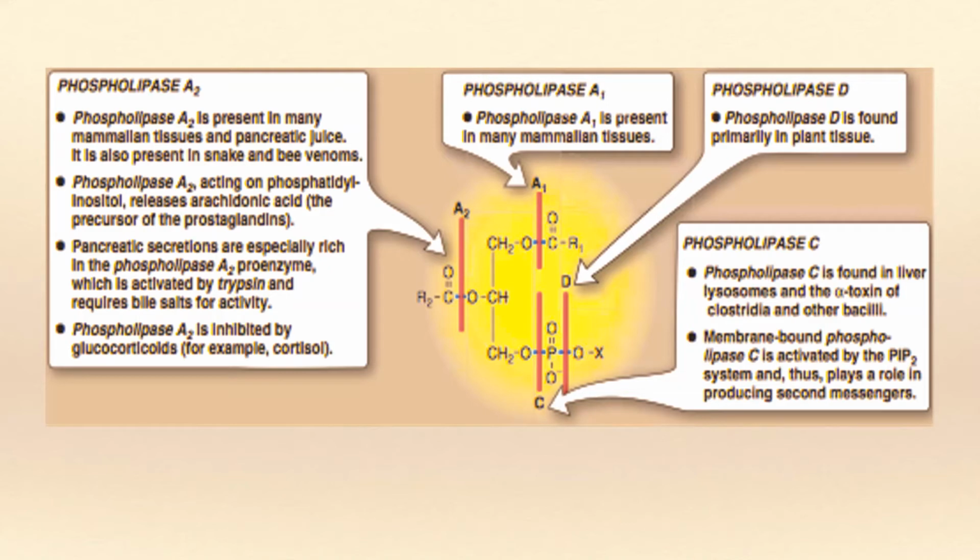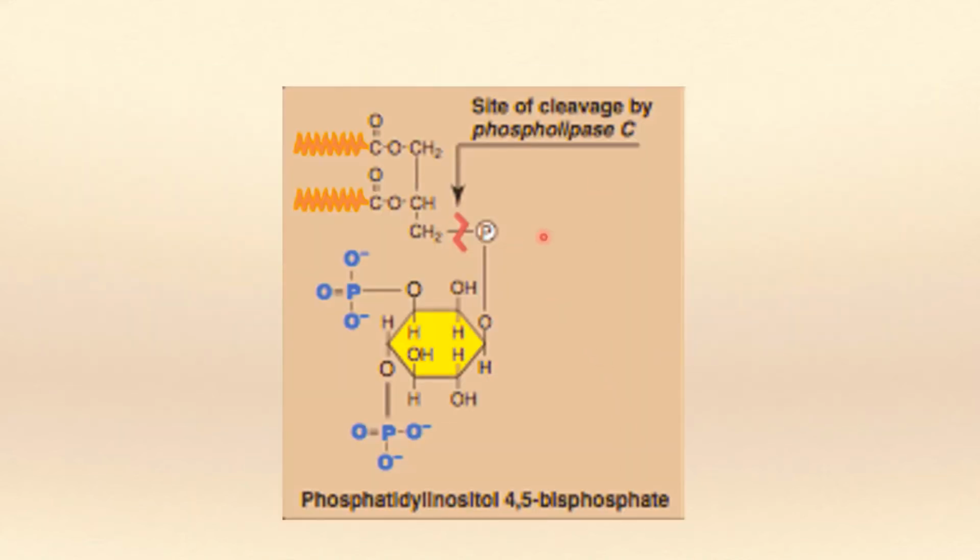Now, similarly, phospholipase C acts on the phosphatidyl inositol 4,5-bisphosphate. We have already seen that CDP-diacylglycerol combines with inositol to form phosphatidyl inositol, and it gets subsequently phosphorylated to form phosphatidyl inositol 4,5-bisphosphate.